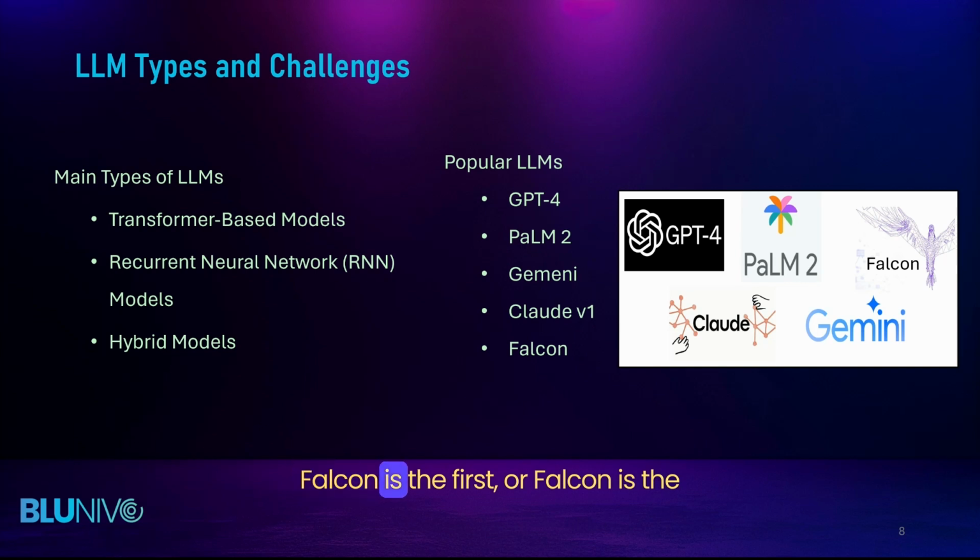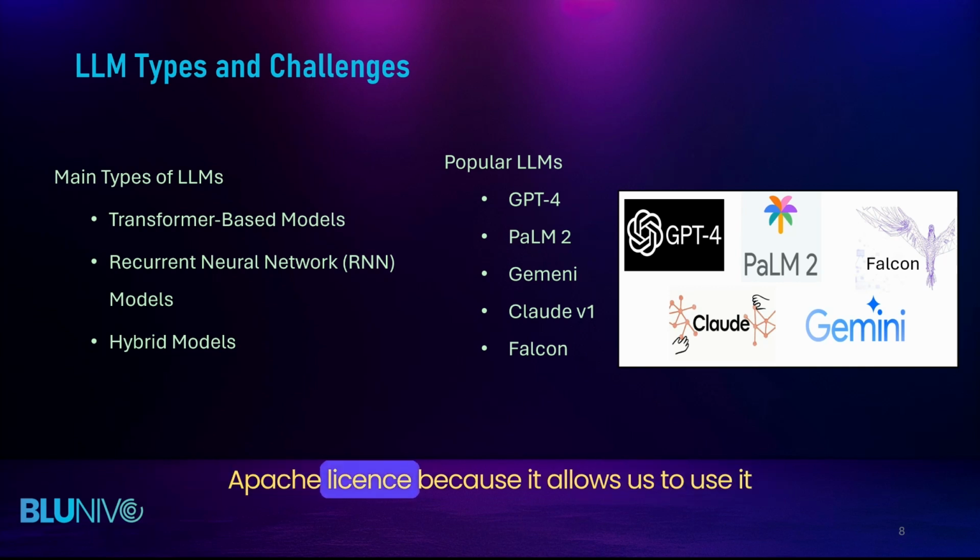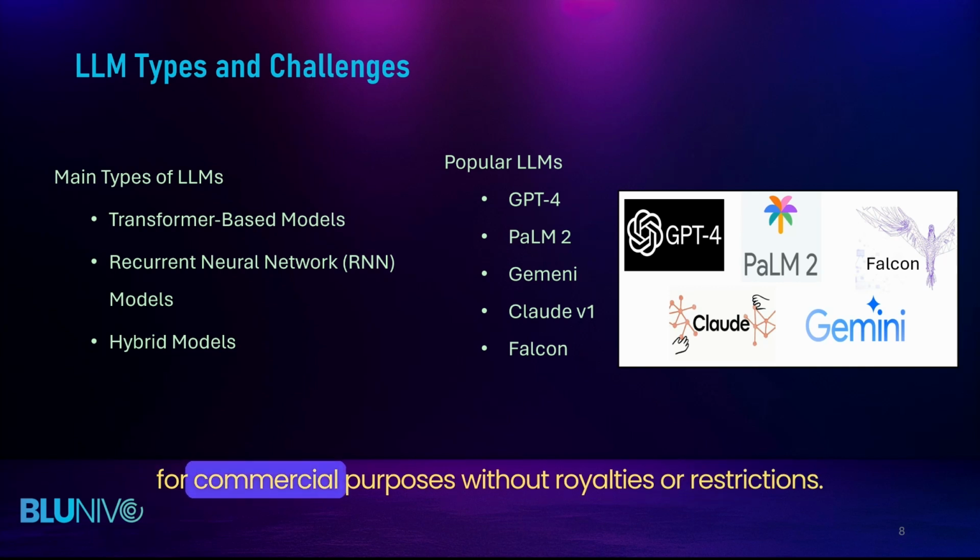Lastly, we have Falcon. Falcon is the first open source model in our list. It's developed by the Technology Innovation Institute in UAE. And what makes Falcon unique is its open source Apache license, because it allows us to use it for commercial purposes without royalties or restrictions.